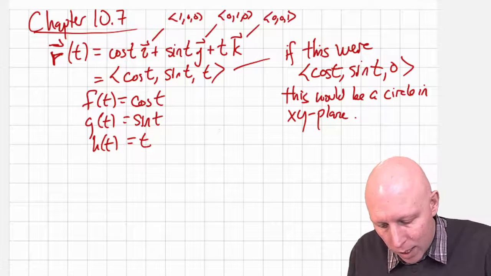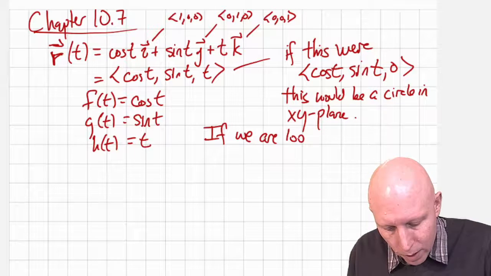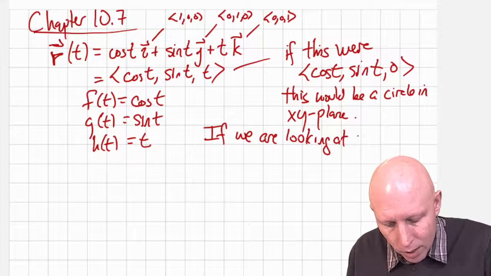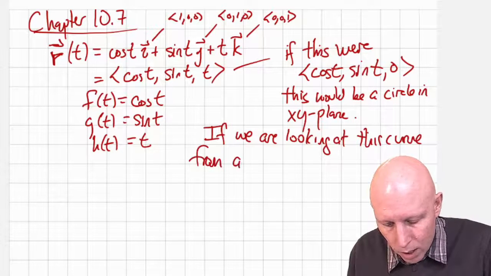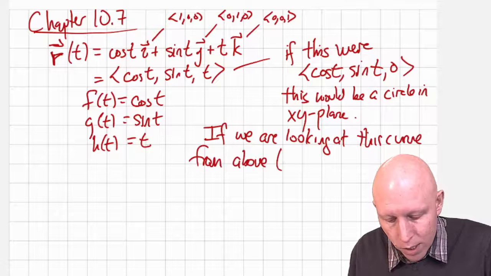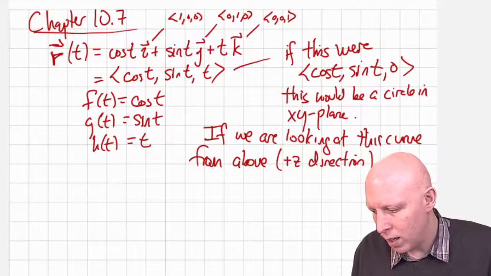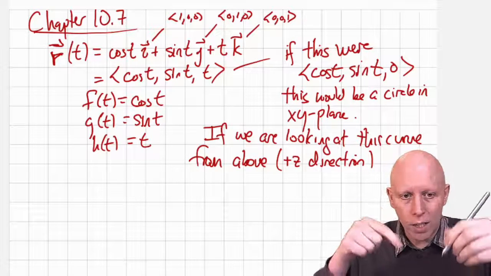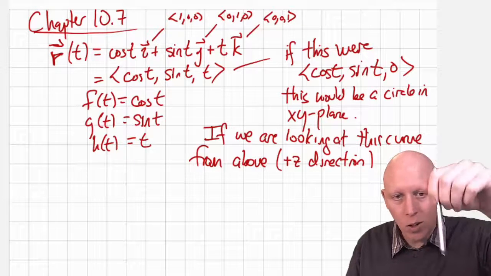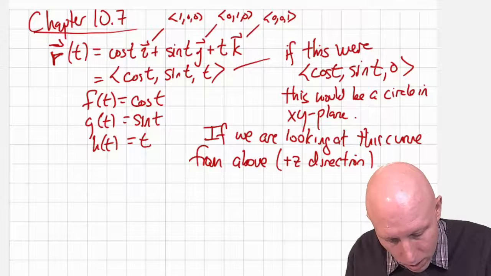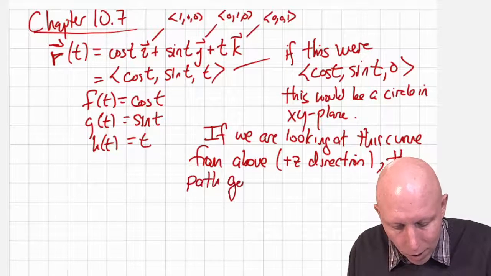So what that means is if we are looking at this curve from above, so if we're looking from the positive z direction, then it looks like the path that comes out is going around and around in a circle.